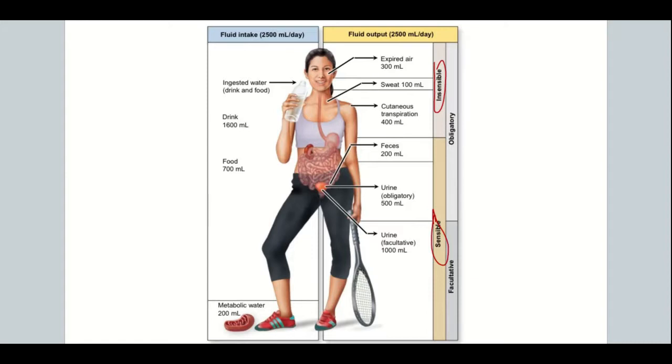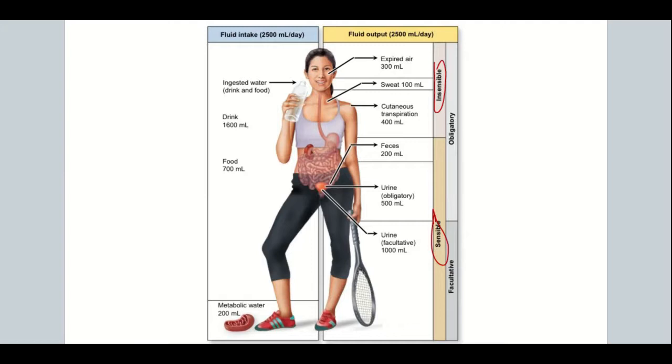Even though you can see sweat collecting on your skin, ultimately a lot of that sweat evaporates. And then expired air, you can't really see. Cutaneous transpiration, you can't really see. Feces and urine is more of an actual water being lost there, and that's the sensible part. So make sure that before the exam you're able to categorize these fluid outputs based on both criteria: facultative and obligatory versus sensible and insensible fluid outputs.